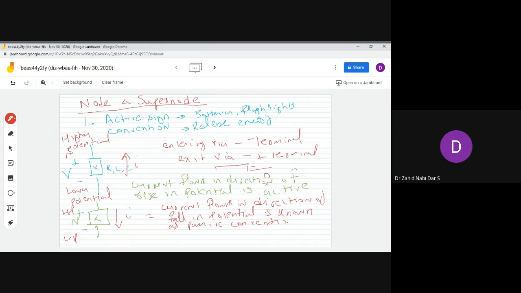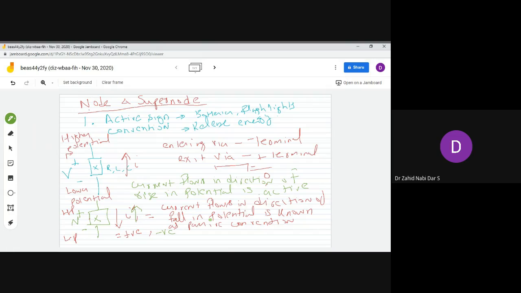This convention we have to keep in mind. If the current is in the direction of fall in potential, we take it as positive. And if the current is vice versa, in the other direction, I marked the current with red, so I'll mark with a different color, green. If the current was like this, then we will take it as negative.